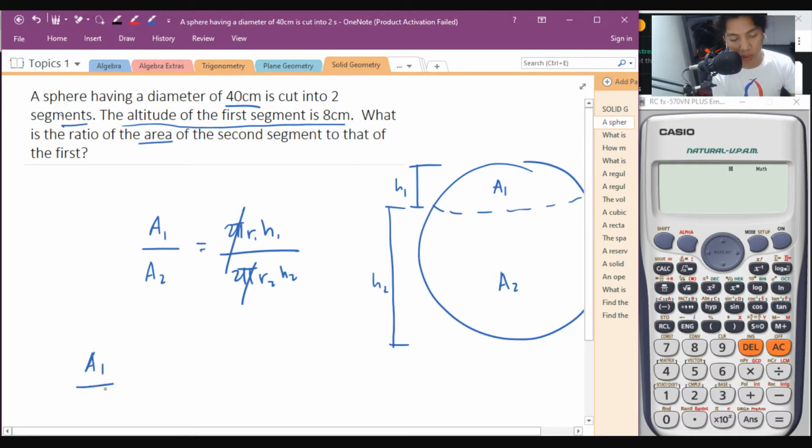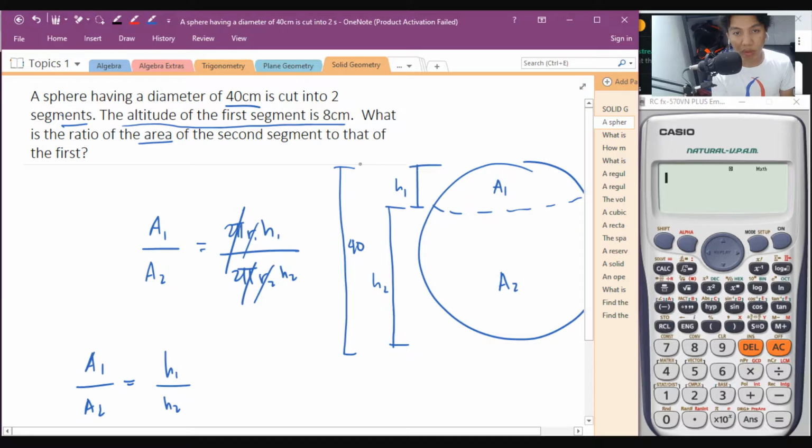Area 1 over area 2 is equal to R1, R2, H1, H2. The diameter, ano yung R1 mo dyan? R1, R2, di ba sabi ko is magkaparehas lang yan. Same segment lang naman sila eh. O, cancel mo to. The H1 over H2. Yung H1 mo, ano ba yung diameter nito? Di ba ang kabuuan niya is 40?